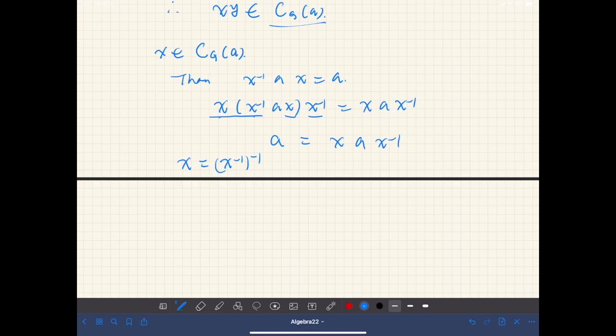So therefore, from this, we have A equals x inverse inverse times A times x inverse. Therefore, x inverse belongs to C_G(A).